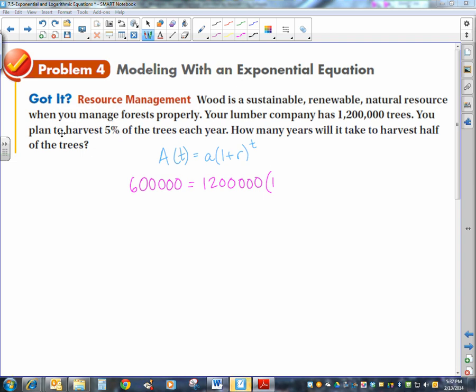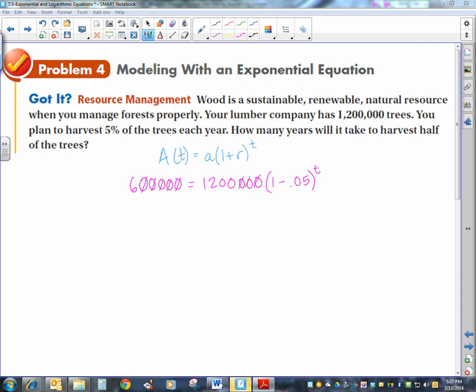Does that mean, hopefully you realize, that if we're going from 1.2 million down to 600,000, this is going to be a minus 0.05, or 0.05 equals 5%. And we're trying to figure out how long. We don't know what that is. So if I divide both sides, I've got zeros. 1, 2, 3, 4, 5.